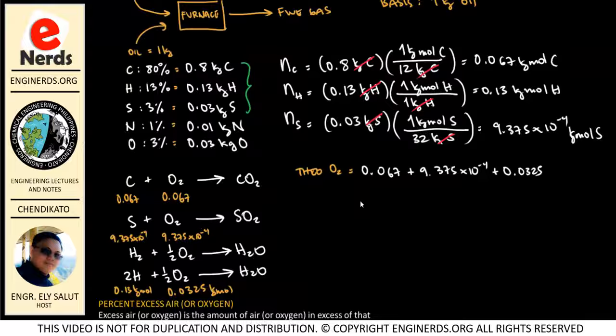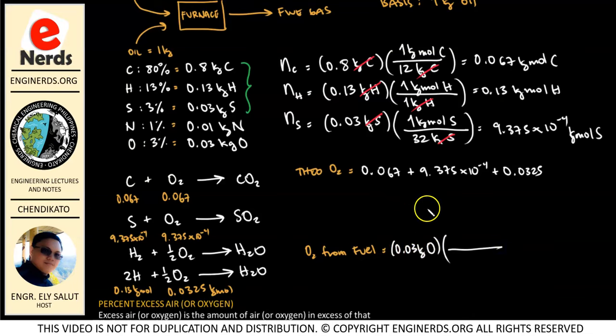Let me write that: O2 from fuel is equal to 0.03 kilogram of oxygen. Let's get its kilogram mole.